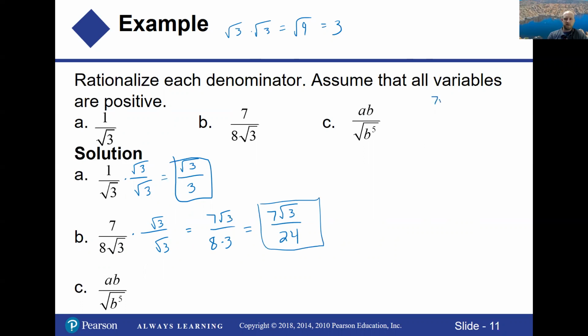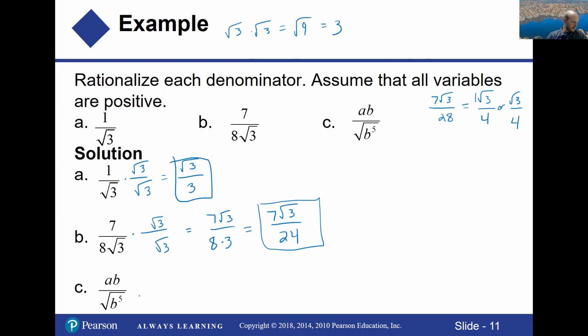Let me write that up here. Let's say it was like this, then I could divide both of these by 7, and I would get √3 over 4, or 1 √3 over 4, but you don't really need the 1, so it's just √3 over 4. But this is a 24, so I can't do anything with the 7 and the 24.